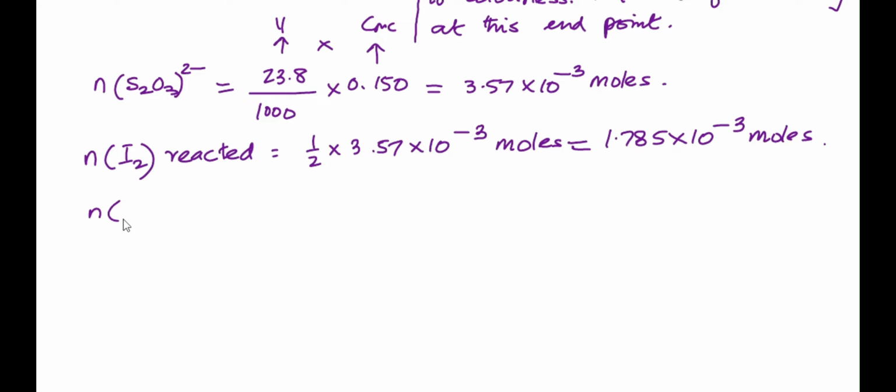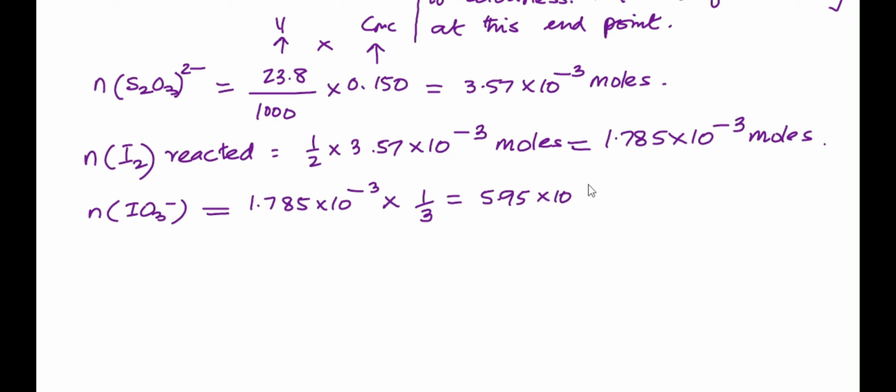Therefore the number of iodate ions is equal to whatever we got here, 1.785 times 10 to the power of minus 3 multiplied by 1/3. That gives us 5.95 times 10 to the power of minus 4 moles. These were in 25 cubic centimeters of the solution.